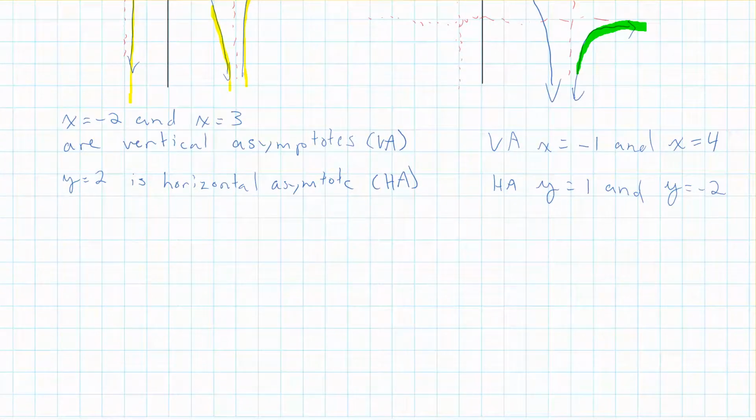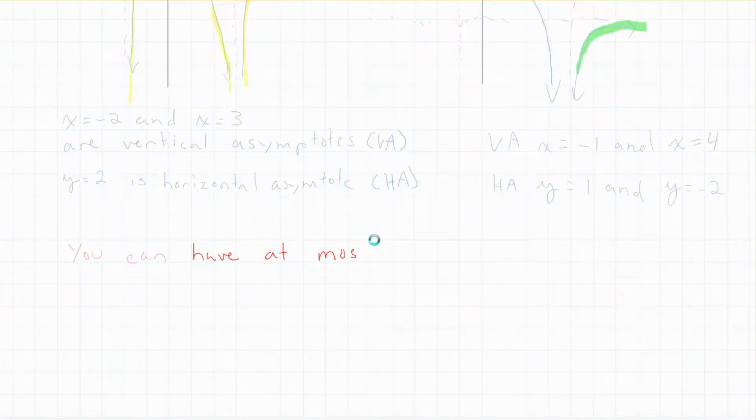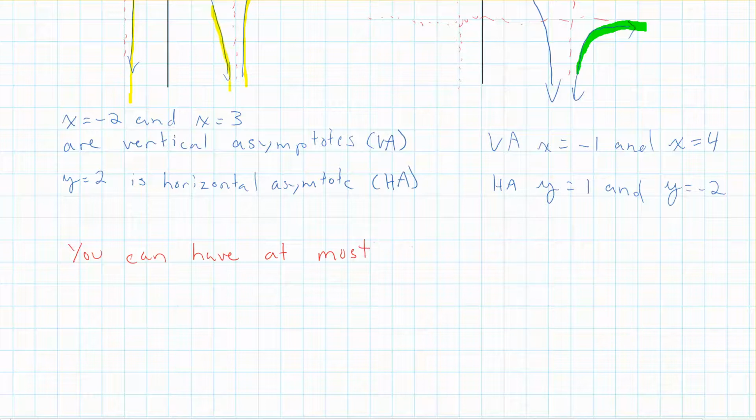Now, one thing here that I'm going to make a note of is you can have at most two horizontal asymptotes.